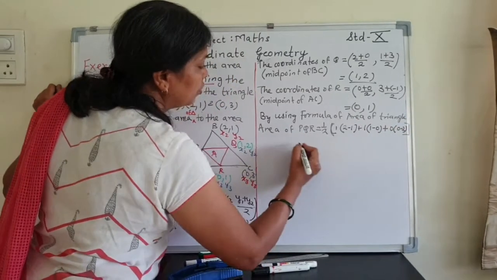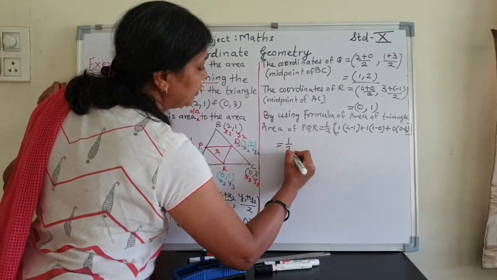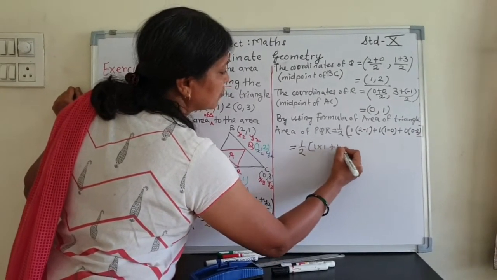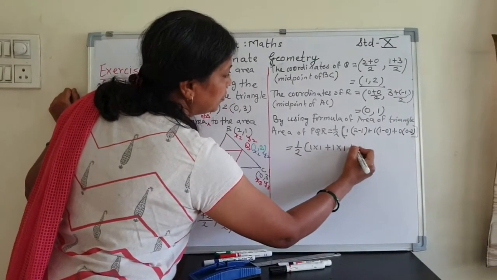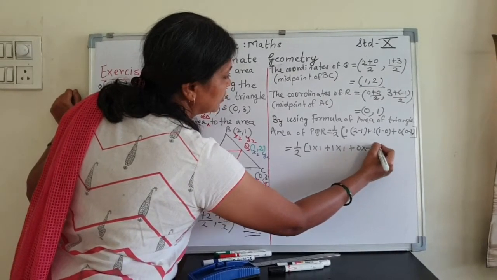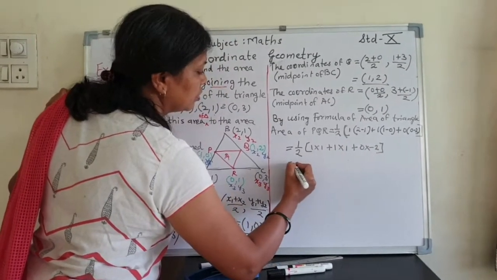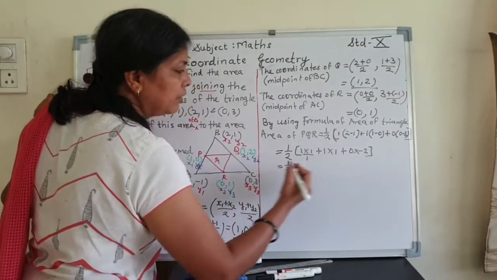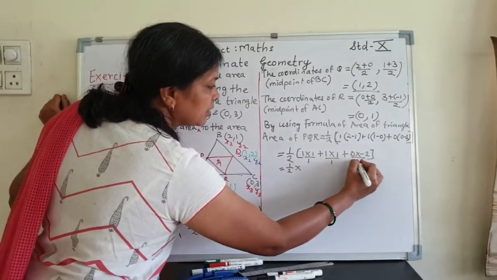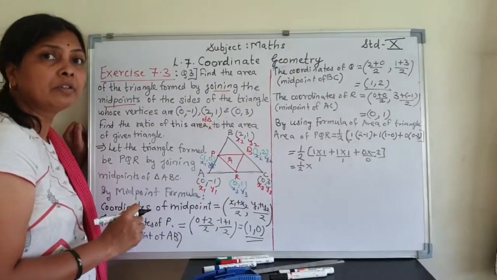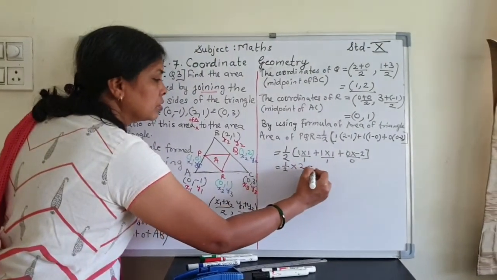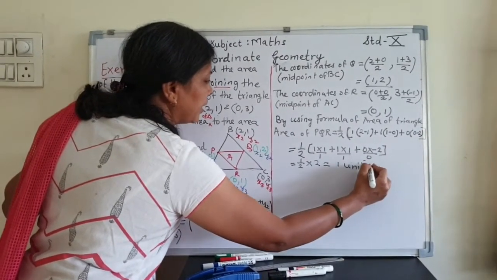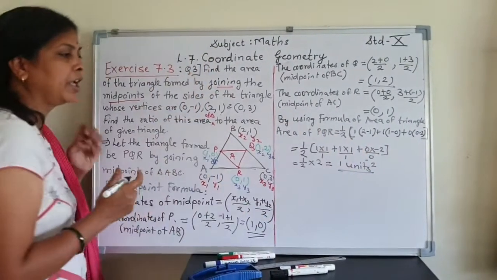So this is how we get half into 1 into 1 plus 1 into 1 plus 0 into minus 2. Half into, this is 1, this is 1, this is 0. So 1 plus 1, 2. So here we get 1 unit square area of triangle PQR.